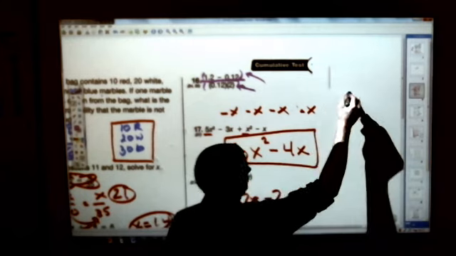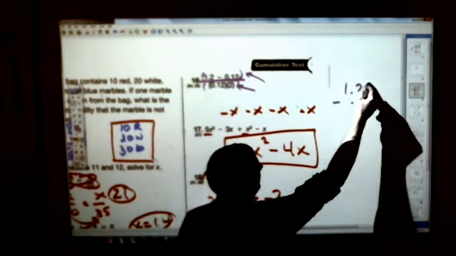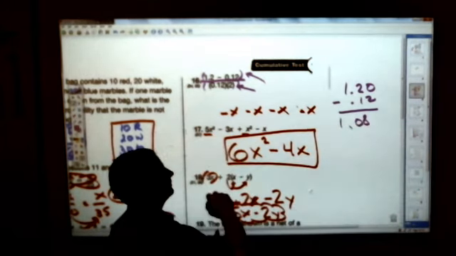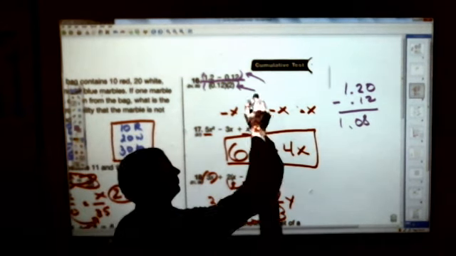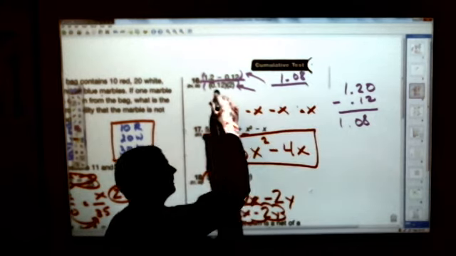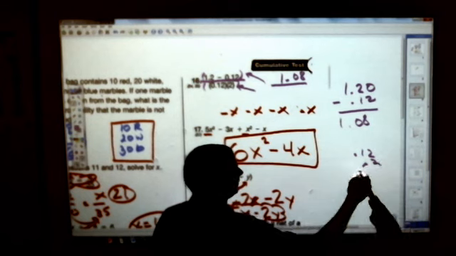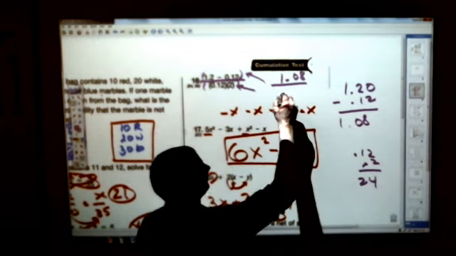Yes. 1.2 minus 0.12, and you got what, Mr. Ethan? I got hopefully 1.08. Correct. Then that's your new top number, 1.08. On the bottom, you get whatever you get when you multiply 0.12 times 2, which is 0.24.